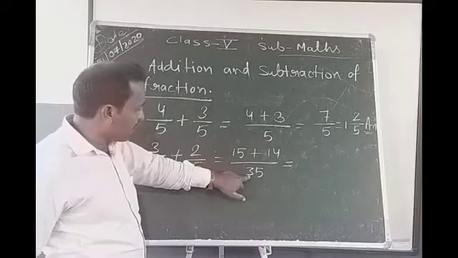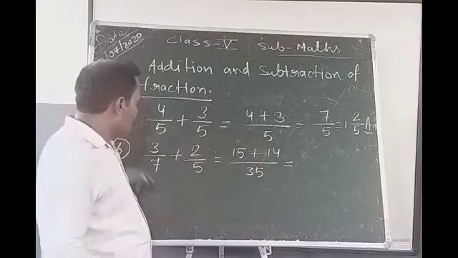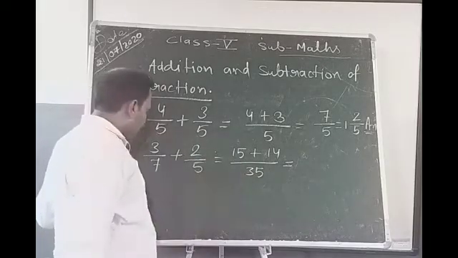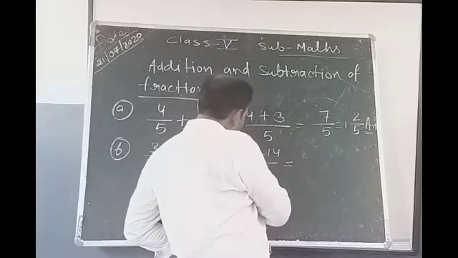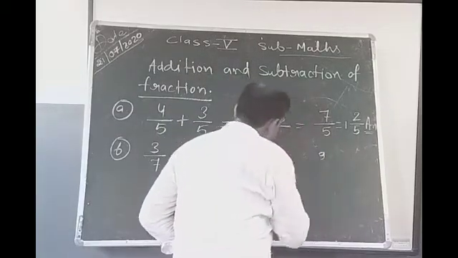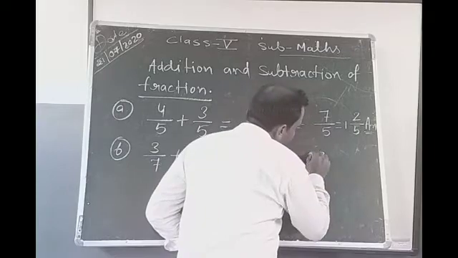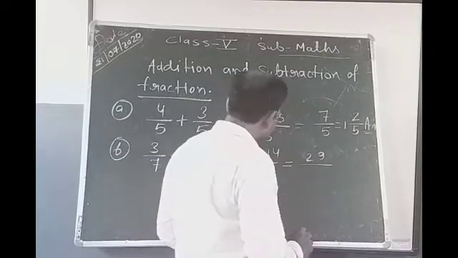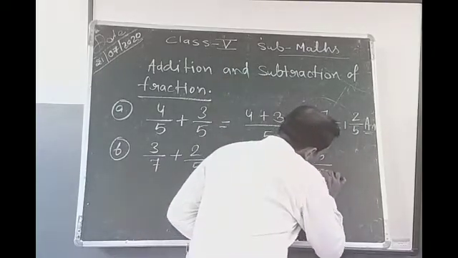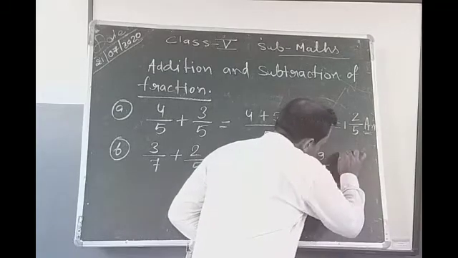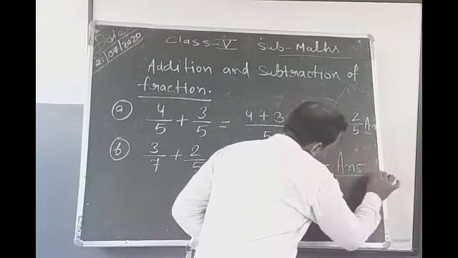Again divide 5 into 35, then 7 times is coming, so 7 into 2 equals 14. Now do plus, 4 plus 5 equals what? 9, and 1 plus 1 equals what? 2, so 29 by 35. The answer is 29 by 35.